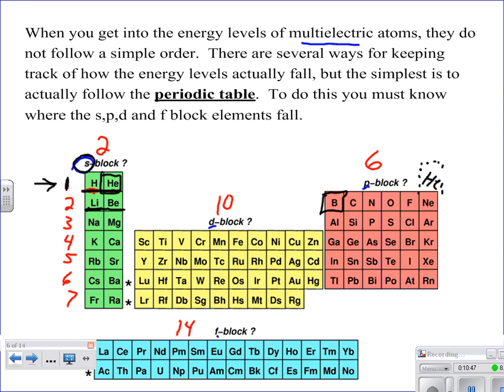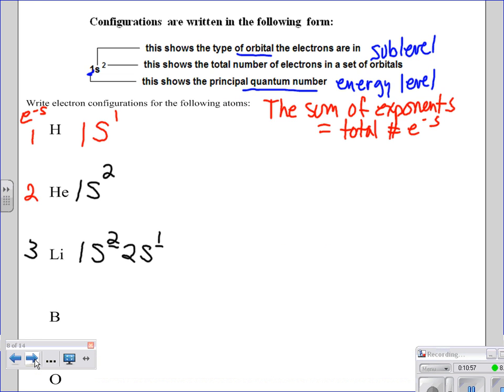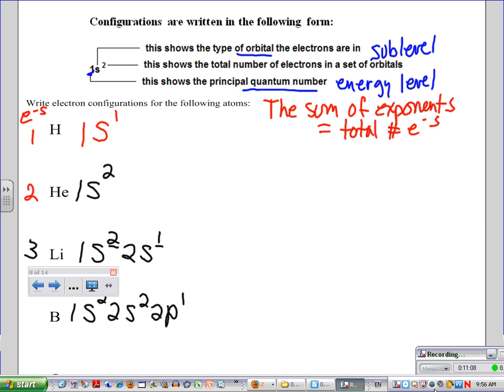Not 1s, 2p1. Okay? It's okay if you're confused. It'll go away eventually. So 1s2, 2s2, 2p1.